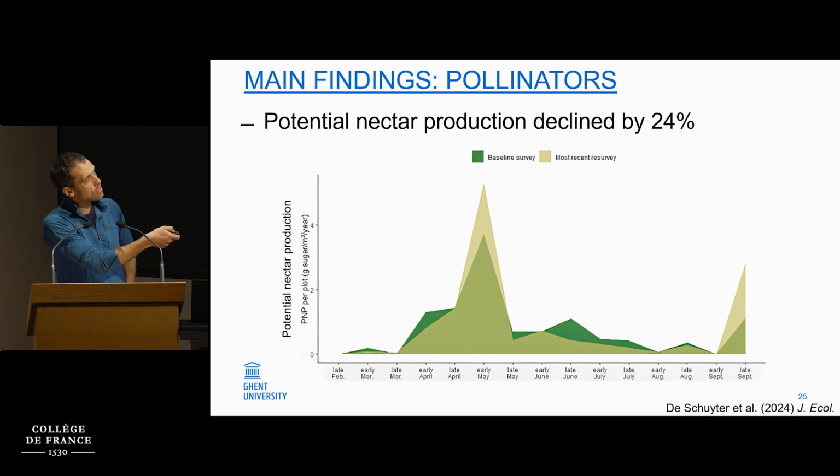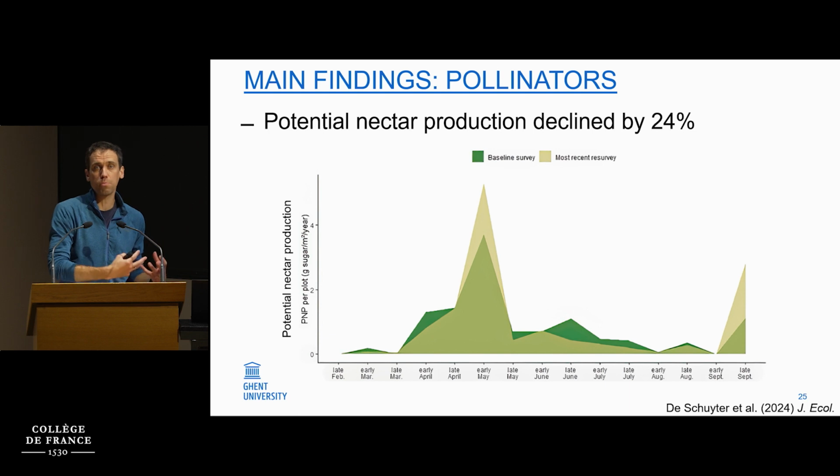And what we found was that, this of course changes a little bit in the year, but across the year, the potential sugar supply declined by 1/4, more or less. So because of changes in abundance of species and how much sugar there is in the nectar.